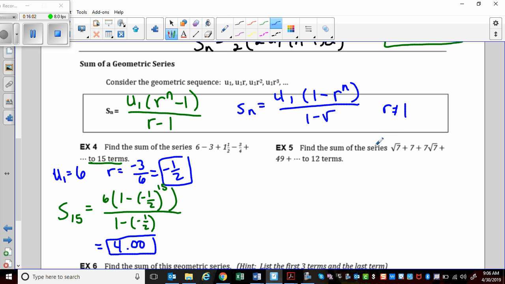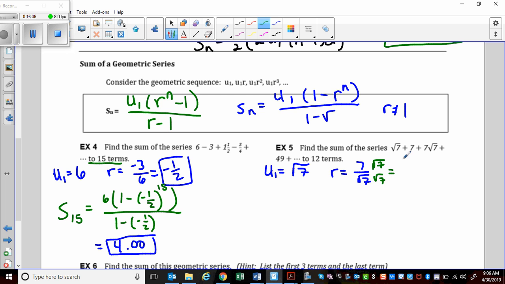Find the sum of the series to 12 terms. So the first 12 terms. My u sub 1 equals the first one, which is the square root of 7. My ratio is the second one over the first one, which is 7 over the square root of 7. I would like to rationalize this denominator, so multiply the top and the bottom by the square root of 7.